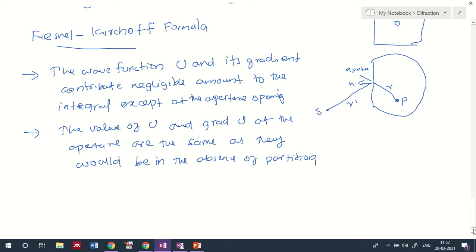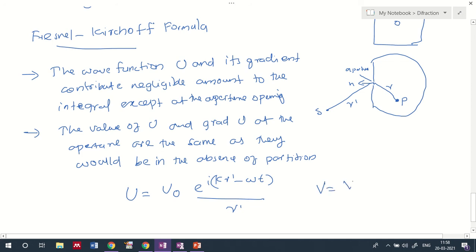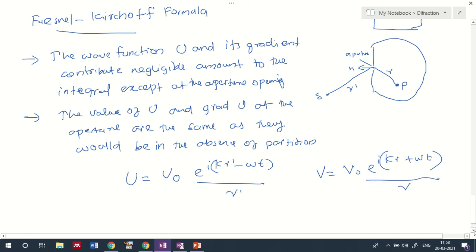For that, we take u, and we have already seen what v is. We take u equal to u0 e raised to i(k r dash minus omega t) divided by r dash. Already we considered that v is equal to v0 e raised to i(k r plus omega t) divided by r, and we have taken u like this as well.